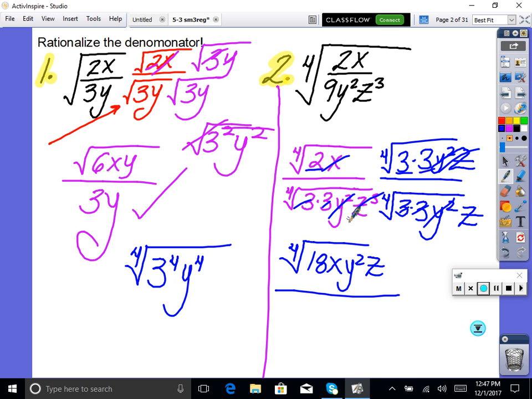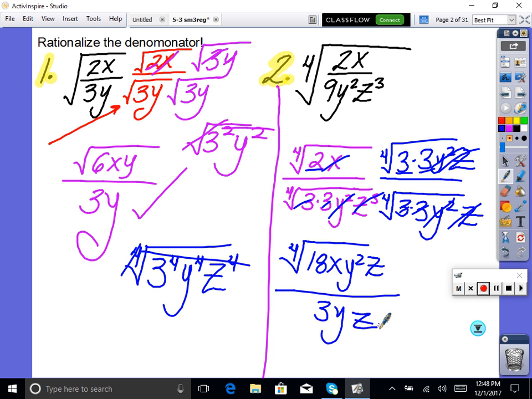We have 1, 2, 3, 4 z's. Now look, root cancels out with power, and we get 3yz. Raise your hand if you got it right. Nice. So helpful? Good. That's good. What's going on here? Good.